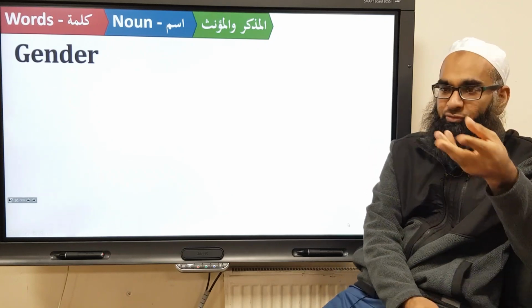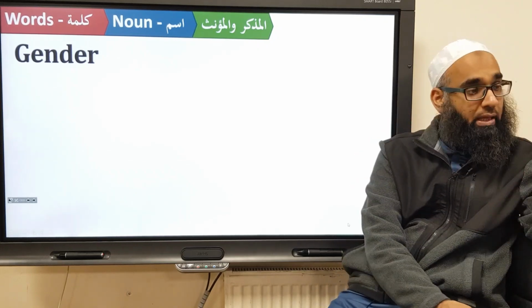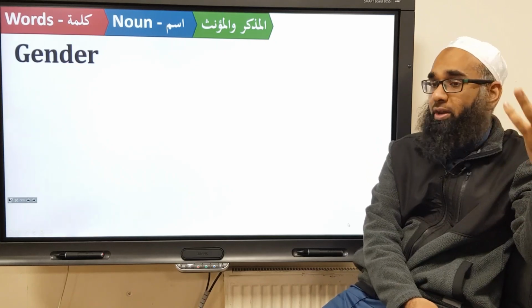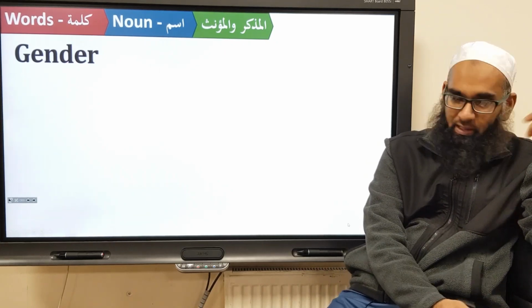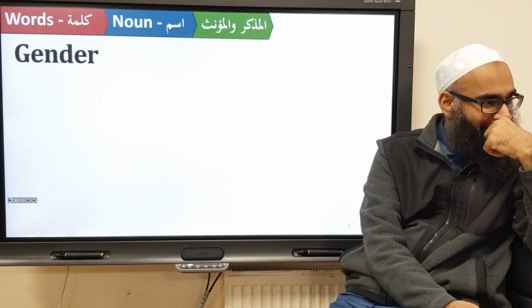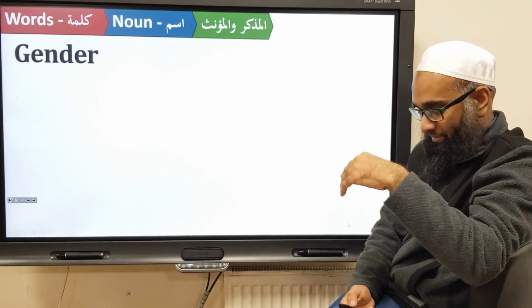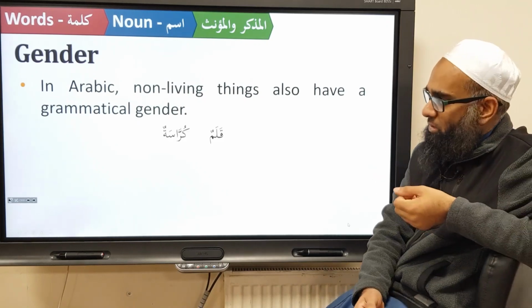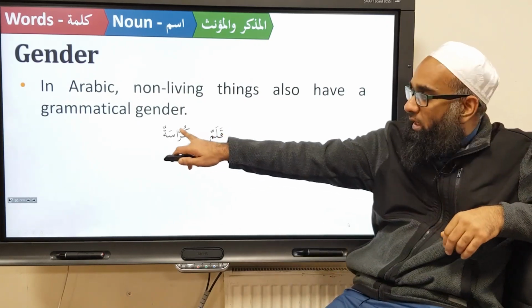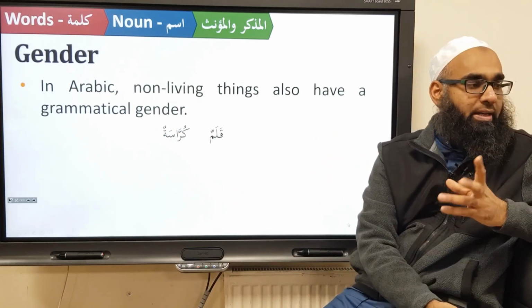Those who study Spanish, French, Urdu, Gujarati, you will be aware that things have gender as well, just for grammar purposes. In French it's la and el and all that kind of stuff. So even non-living things have gender for grammatical purposes. For example, qalamun is mudhakkar and kurrasatun is what? Mu'annath. Okay?